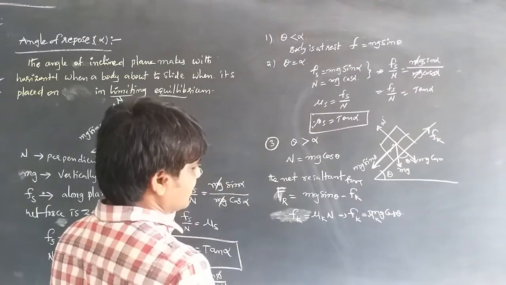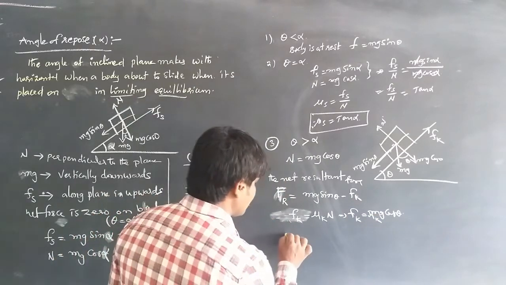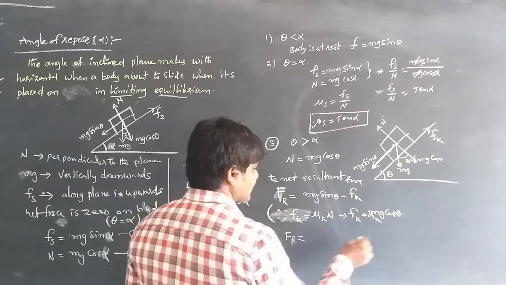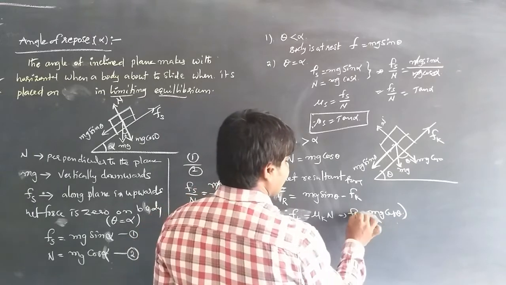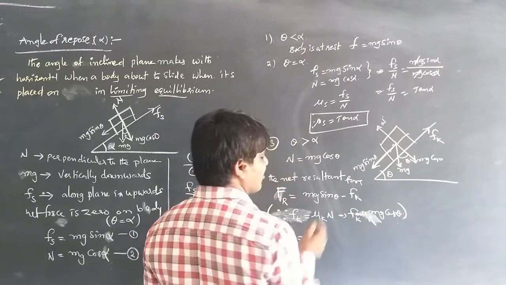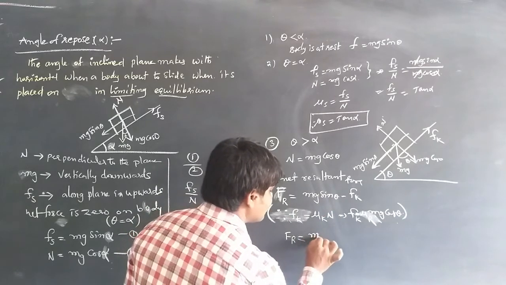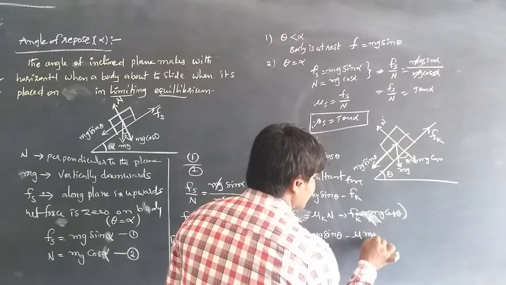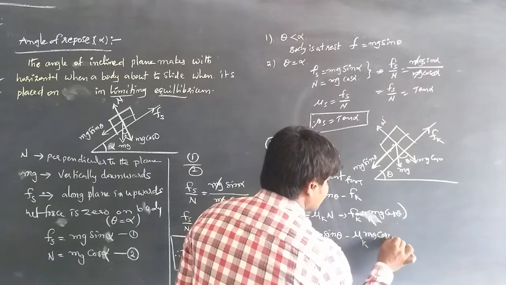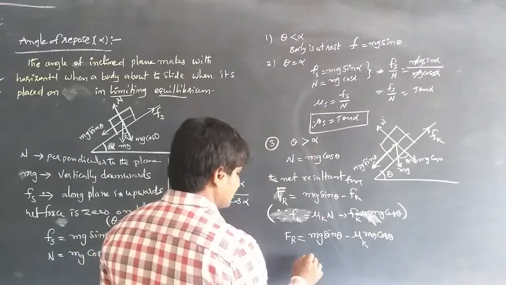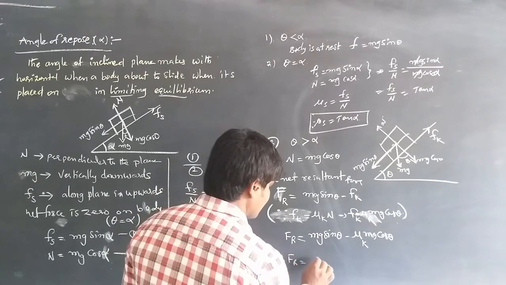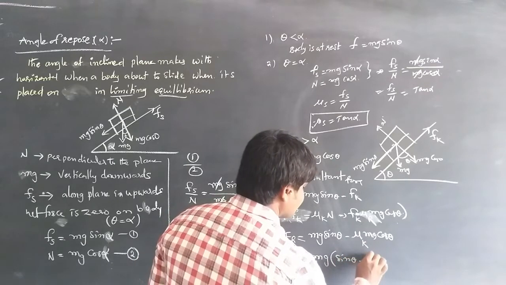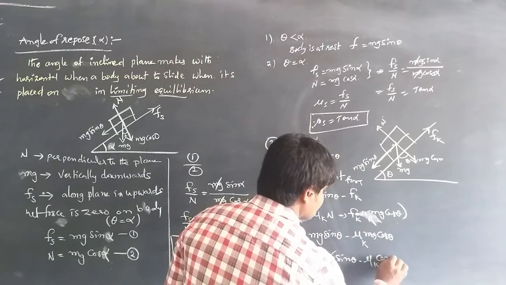If we substitute this fk into the equation, Fr is equal to mg sin theta minus mu k mg cos theta. mg is common, so Fr is equal to mg of sin theta minus mu k cos theta.